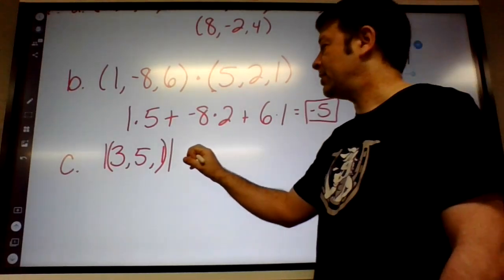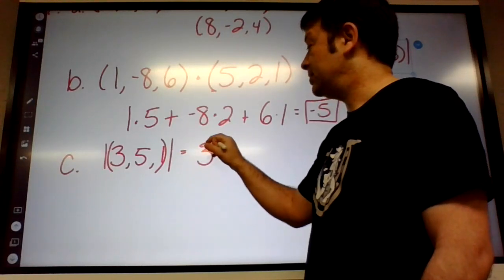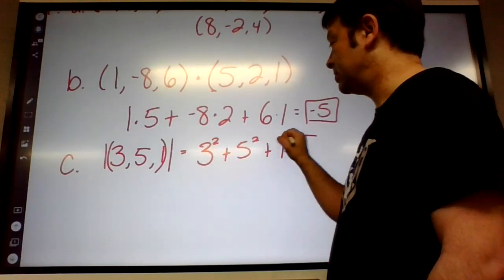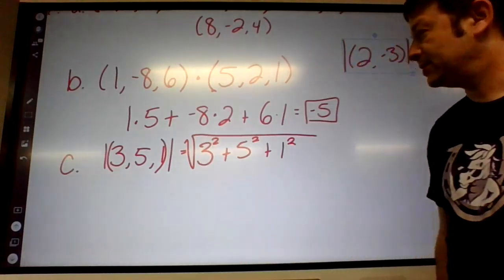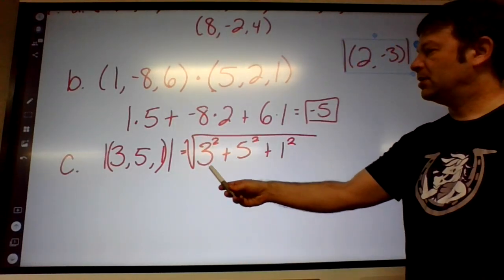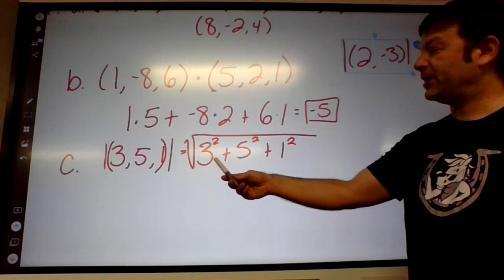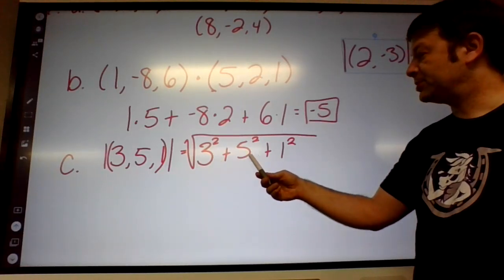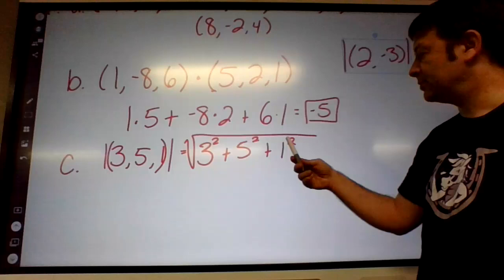So same thing. 3 squared plus 5 squared plus 1 squared, and then you do the square root of that. Kind of like the Pythagorean theorem, but it's in 3D. It still works evidently. 9 plus 25 is 34, 35.